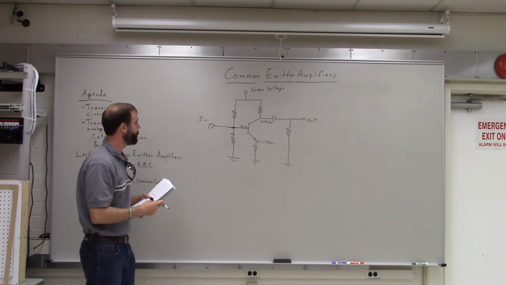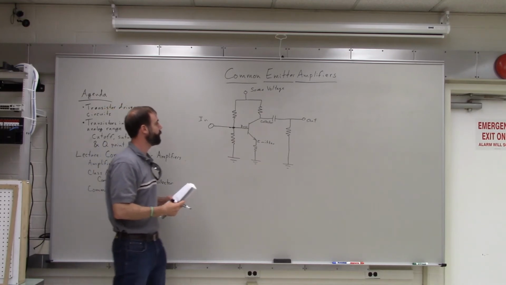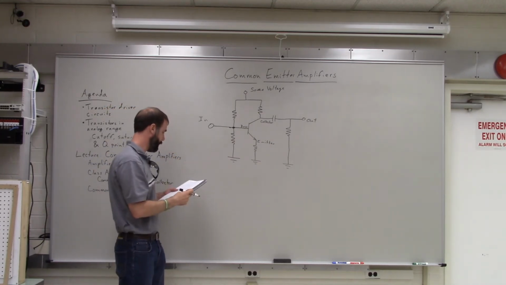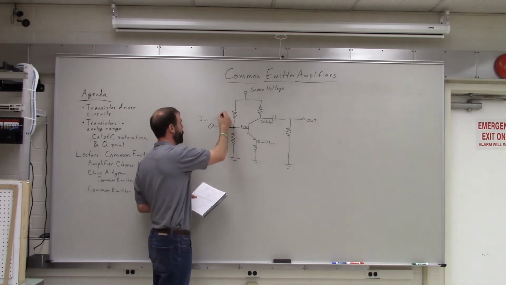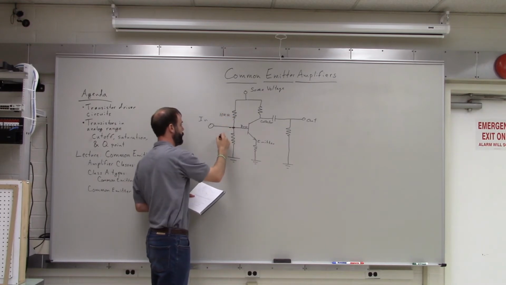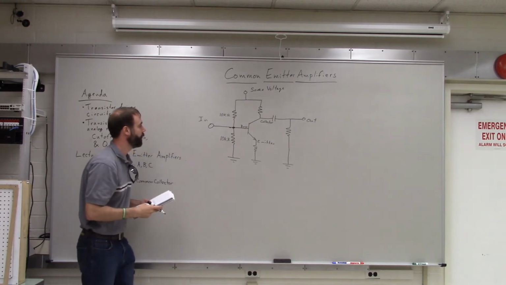So what happens is that these two resistors on the left are usually the same value. So they might both be 10 kilo ohm resistors, something like that.